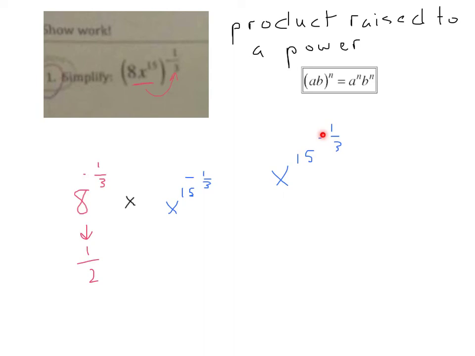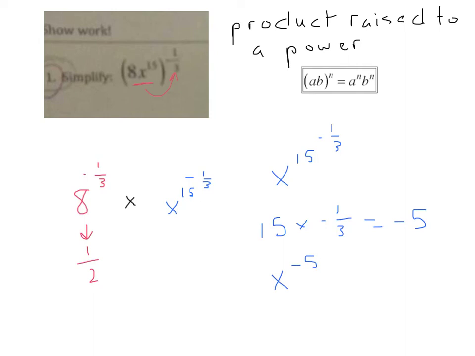So 15 times negative 1/3 is going to give us negative 5, which makes this x to the negative 5.